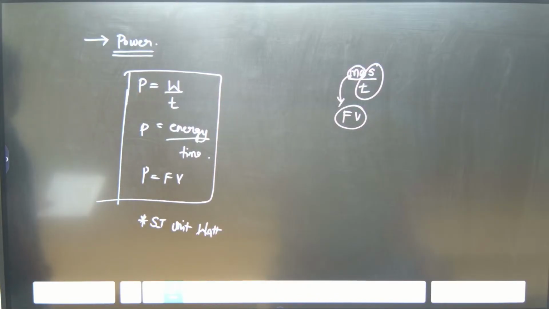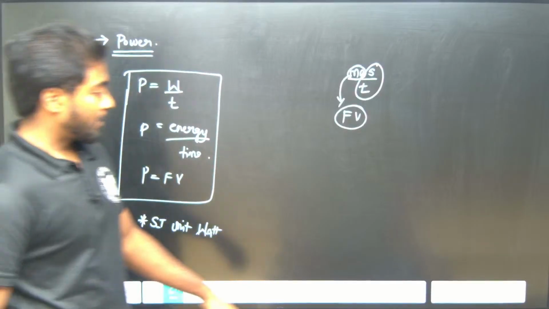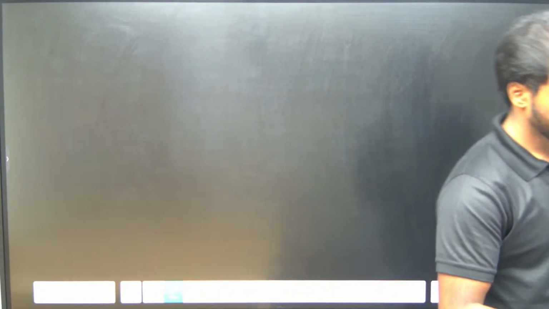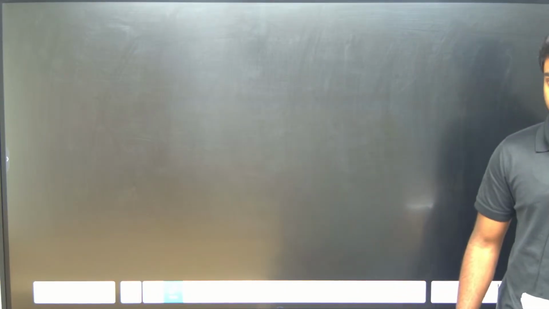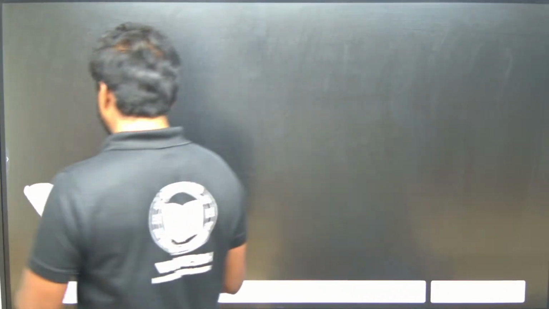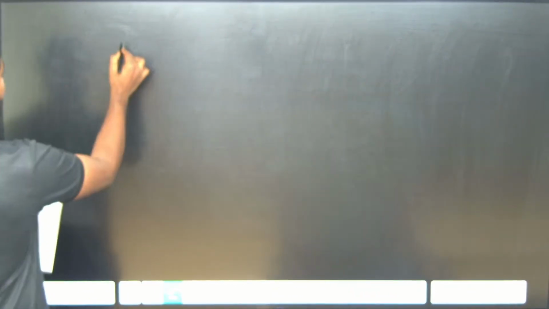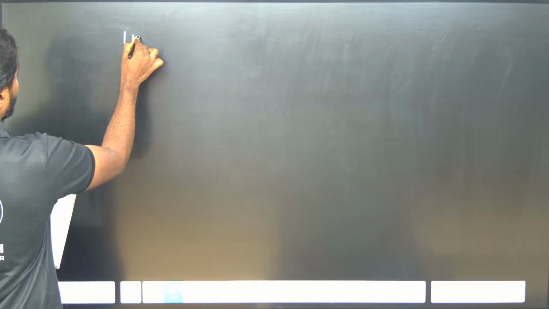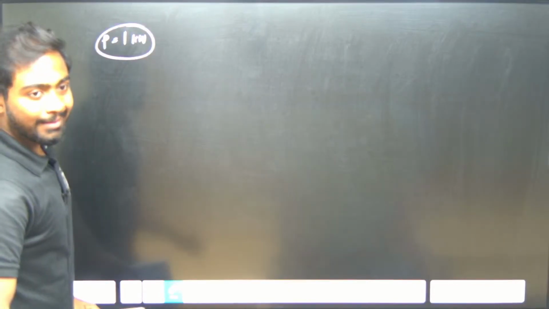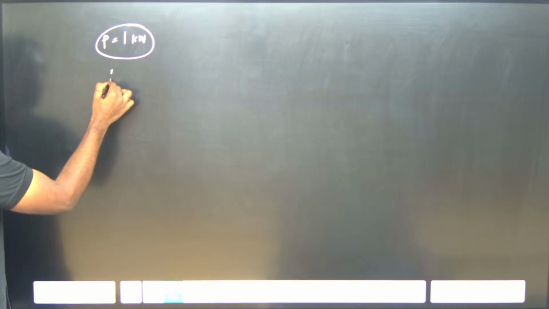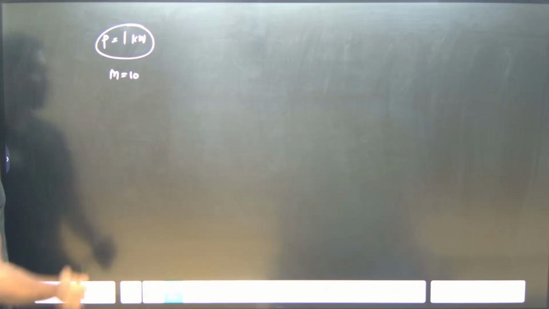Now the question is: a 1 kilowatt motor pumps out water from a well of 10 meter deep. So 1 kilowatt is the power of the motor pump taking the water out from 10 meter deep.